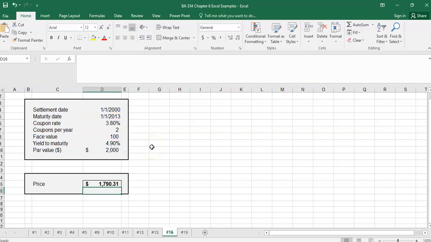And we get a current price of $1,790.31.